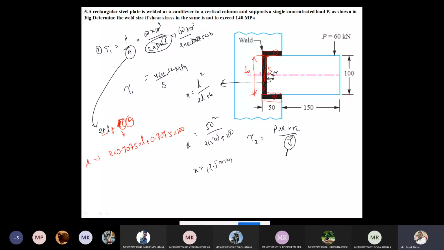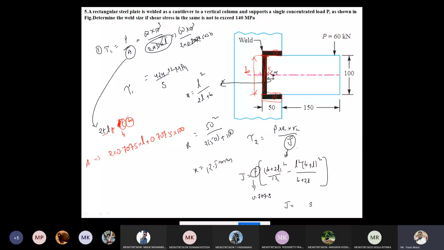I'm writing the table value: J equals T into (B plus 2L) whole square by 2L minus L square into (B plus L) whole square by (B plus 2L), where T is the throat thickness, that is 0.707 into S. Now calculate the J value in terms of S and substitute here.